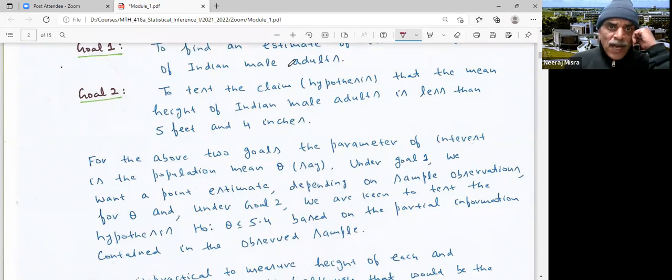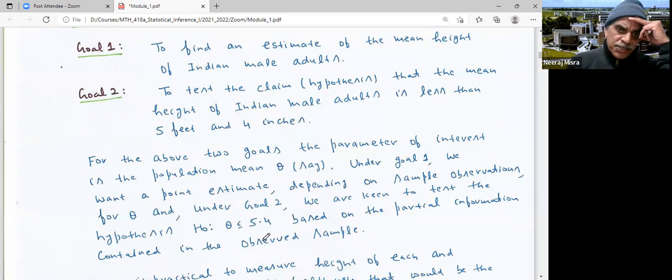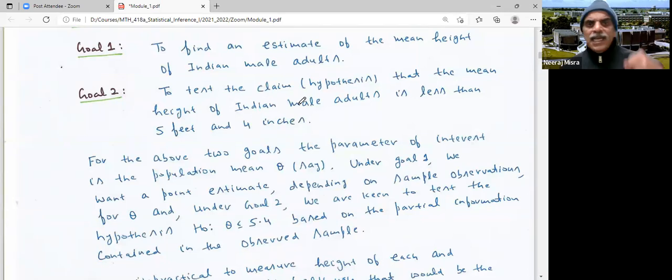Now, under goal one, which is to estimate theta, or the mean height of Indian adults, we want a point estimate for theta depending on the sample observations. And under goal two, we are keen to test the hypothesis that theta is less than or equal to 5.4, because that is the claim being made by someone.